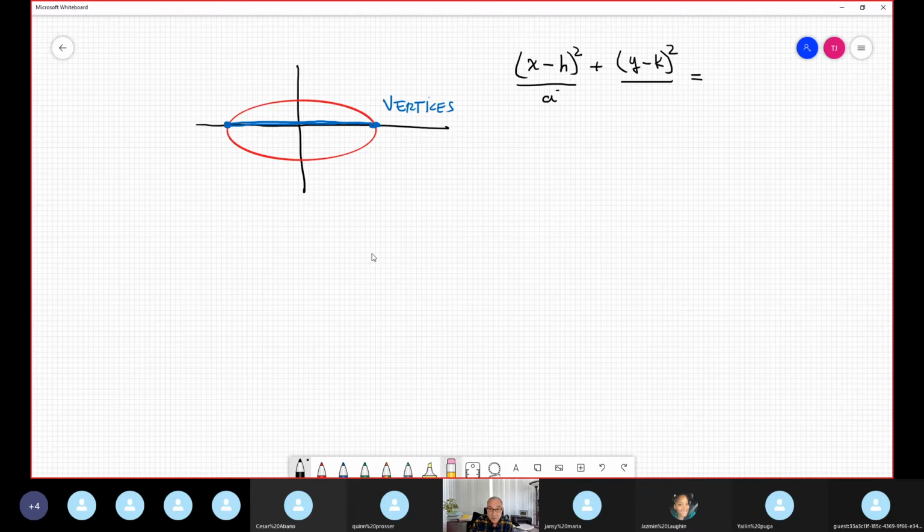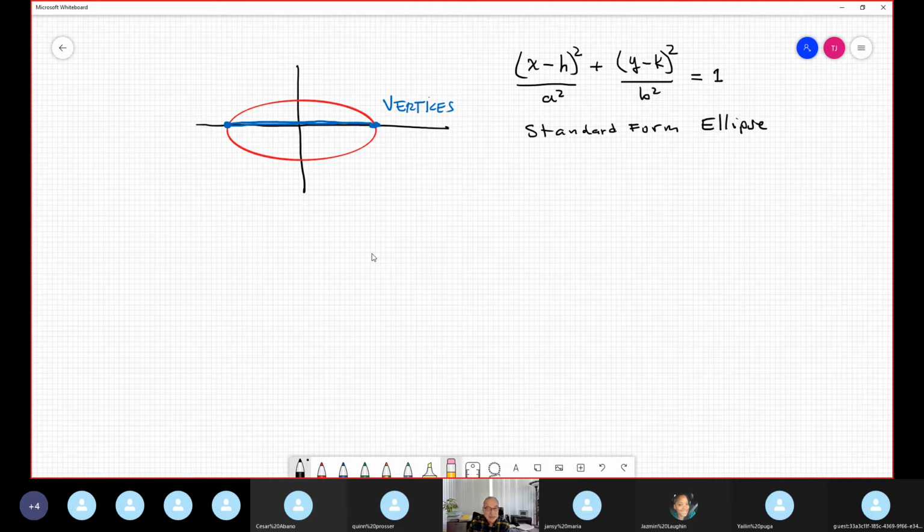This is the standard form of the equation of the ellipse. This is a little bit weird because the standard form has 1 on the right-hand side. This is extremely important. If you want to express any equation of an ellipse in standard form, you need to manipulate the equation in order to get 1 on the right-hand side.